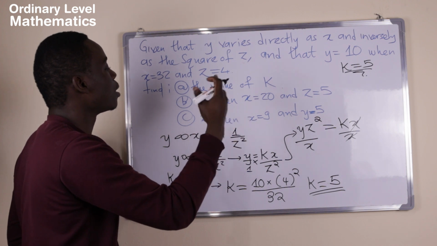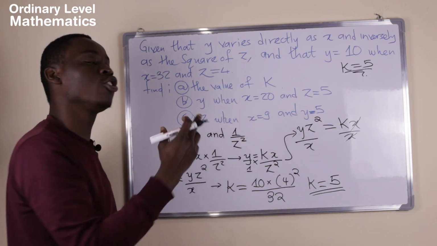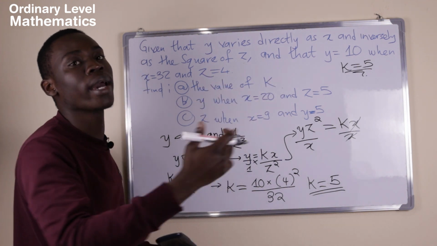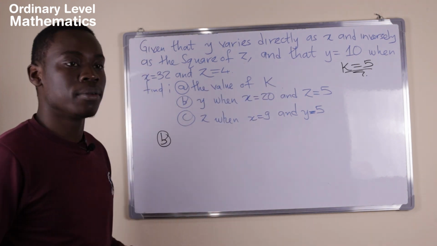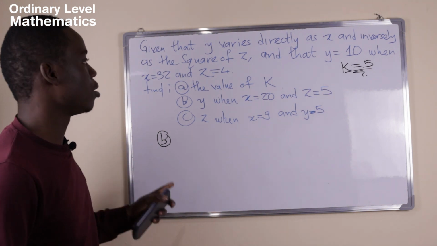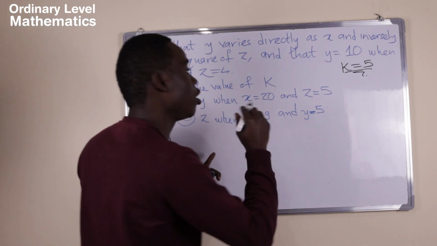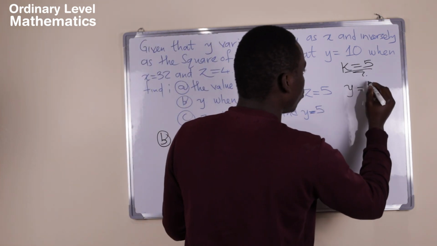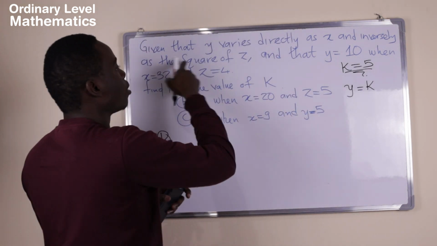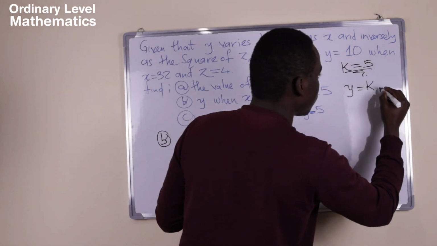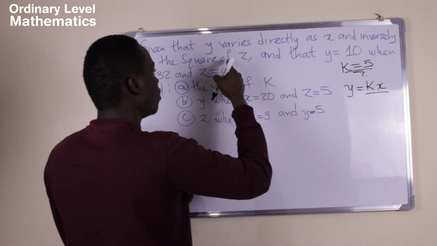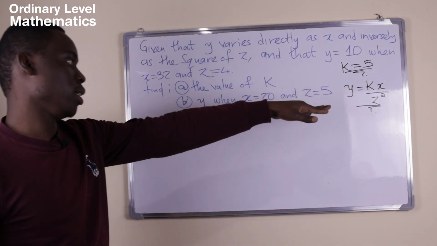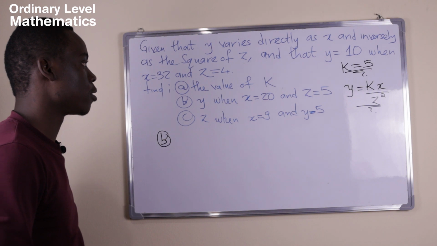So this constant is what you're going to use in B and C to calculate the other values when we've changed what x and z, or what y and x is. So for B, since we've been told that k is equal to 5, remember, you always have to keep our initial formula, y is equal to k, directly as x over inversely as the square of z. This is what we're going to use to solve the other questions.